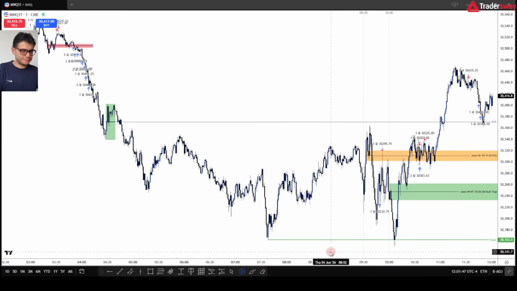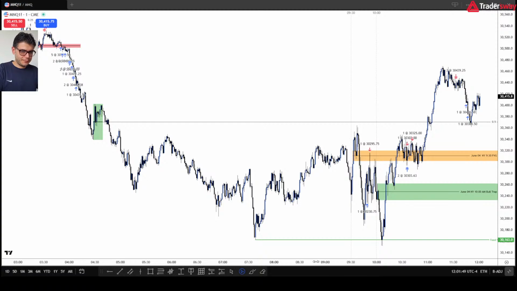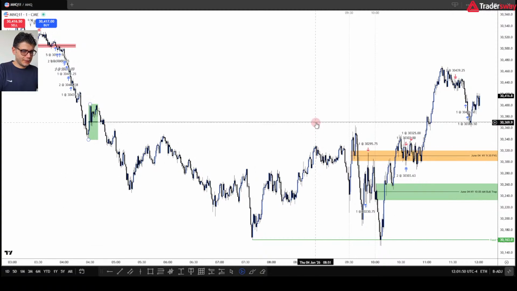All right. So the bigger picture, it came right back at the mean threshold of these trapped sellers. They were trapped before, but now it came back to this portion. So we do have a confluence here.